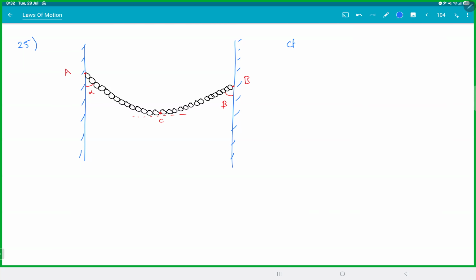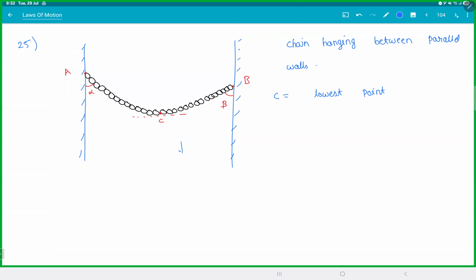So this is a chain hanging between two parallel walls, but A and B are not at the same height. C is the lowest point of the hanging chain.